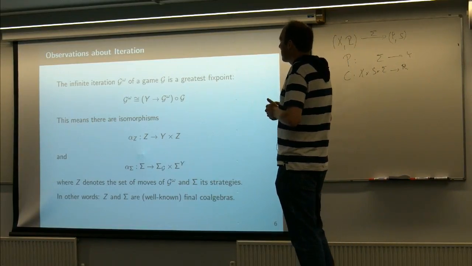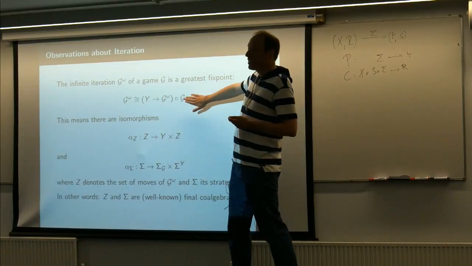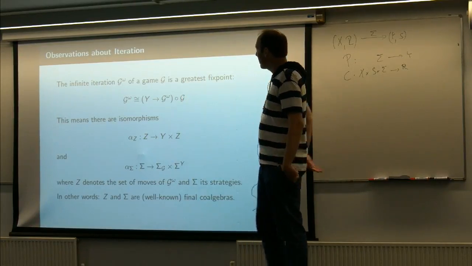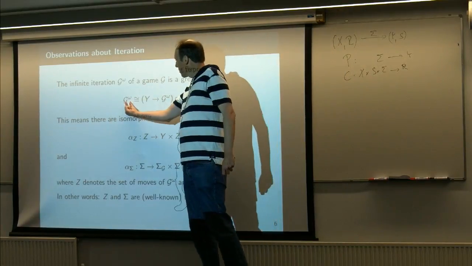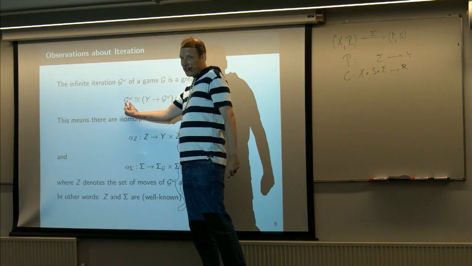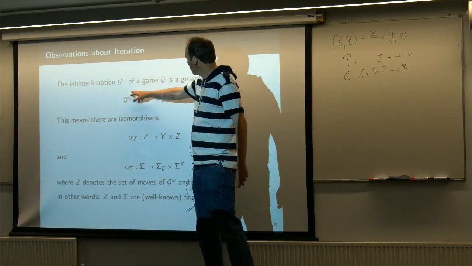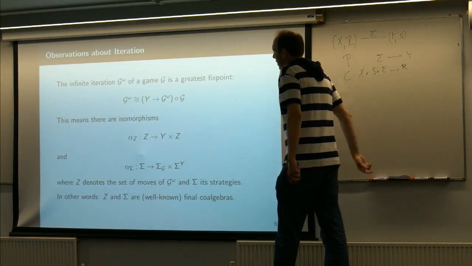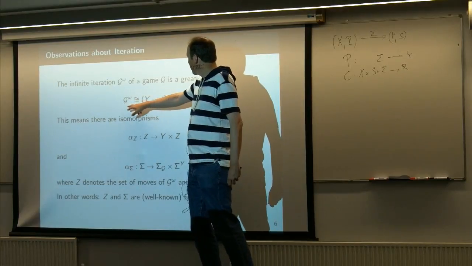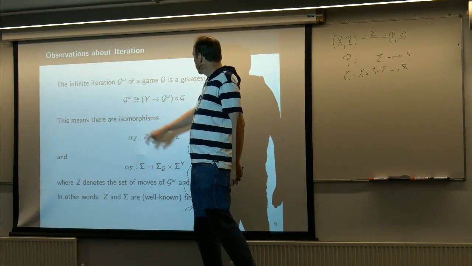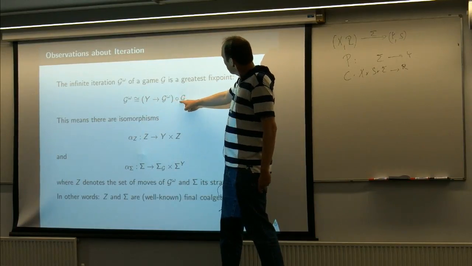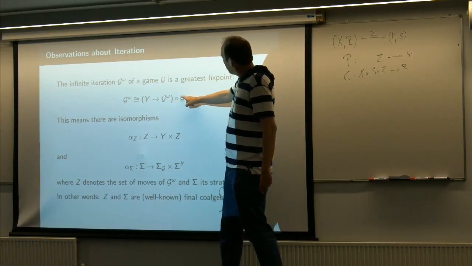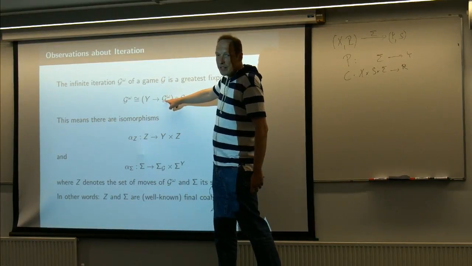The infinitely iterated game should satisfy this fixed point equation, so to speak. It says the infinite iteration of a game should be the same as playing the one-round game and then followed again by the infinite iteration.